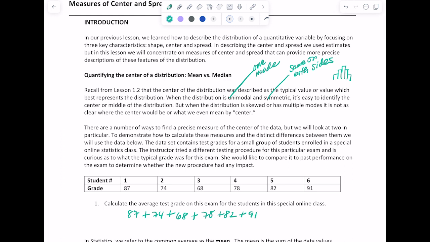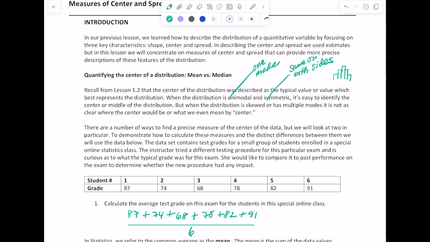So I'm taking those 6 numbers, adding them up, and dividing by 6. Now, when I'm doing this, I'm finding a sample average, okay? Because we know that the class may have more than 6 students, but let's say the instructor picked 6 random students. That would be my sample.